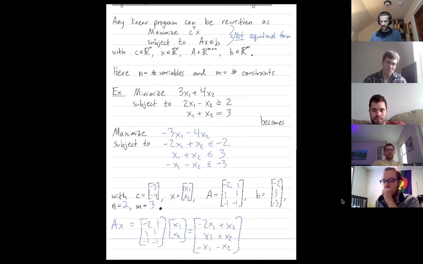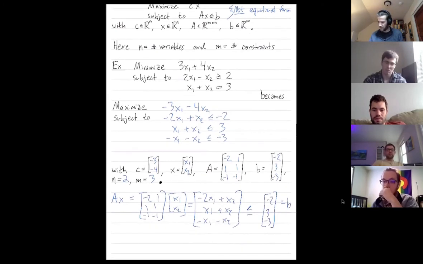Okay, to say that this is at most b would be the following. Our vector b is -2, 3, -3. And when I write one vector is at most another, I mean that entry-wise. So looking at the first entry gives me this first constraint, and then looking at the second entry gives me the second constraint, and similarly for the third constraint.